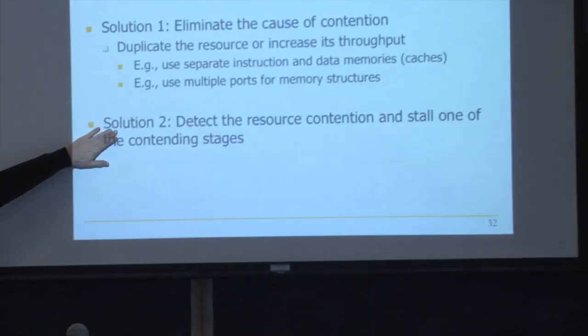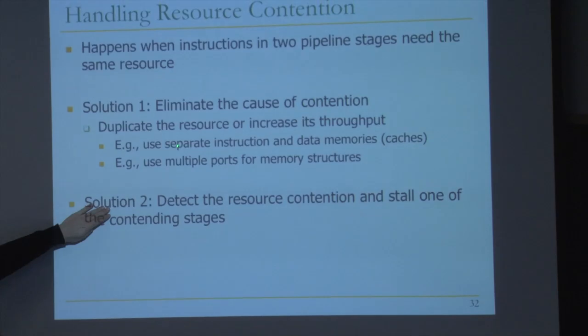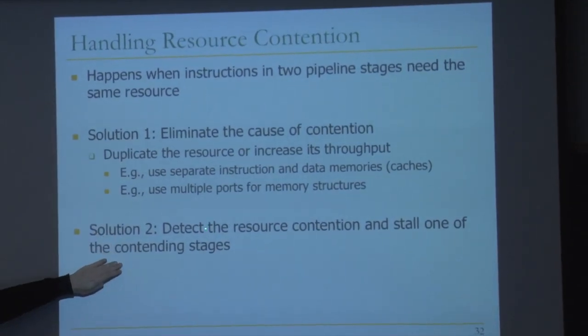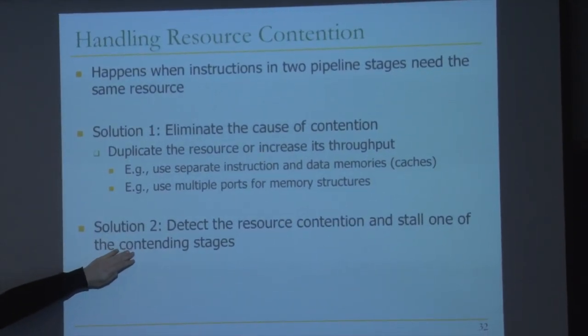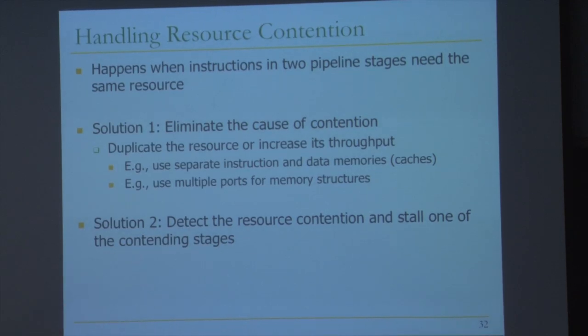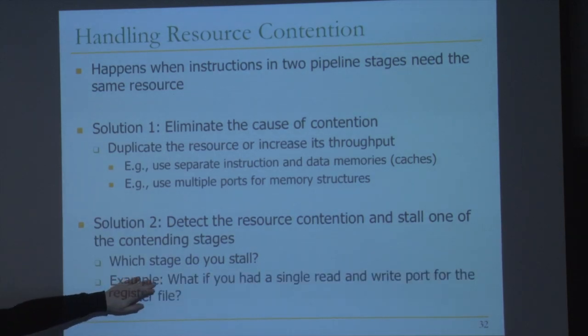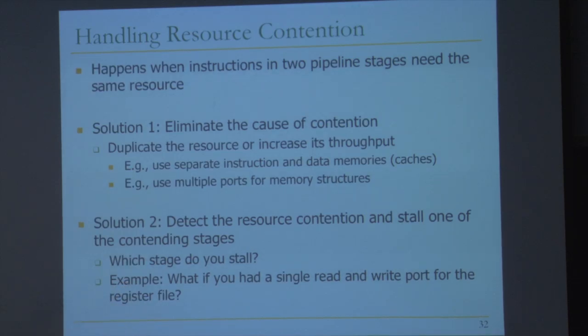And the second solution, if this is not feasible or if it's too expensive, you could do this. You could detect the resource contention and stall one of the contending stages, right? Then the question is, which stage do you stall? What if you have a single read and write port for the register file, just like you described?